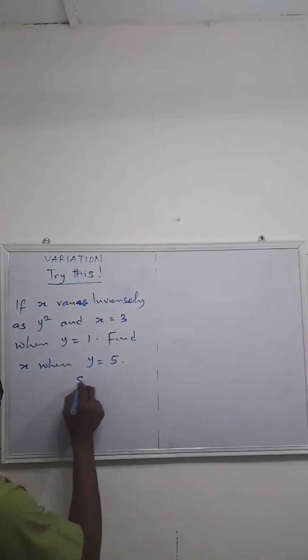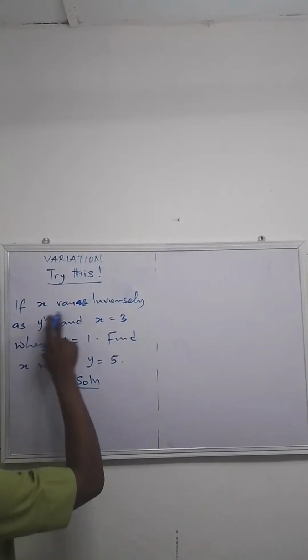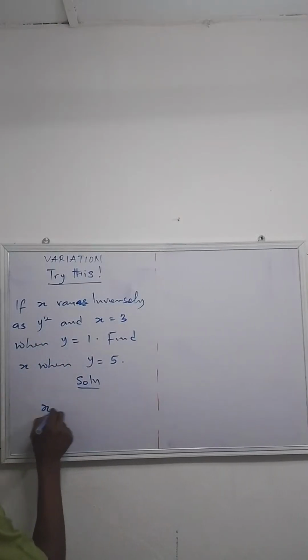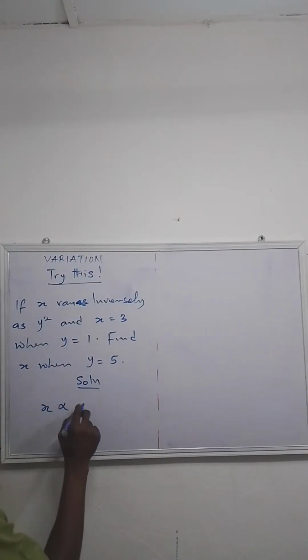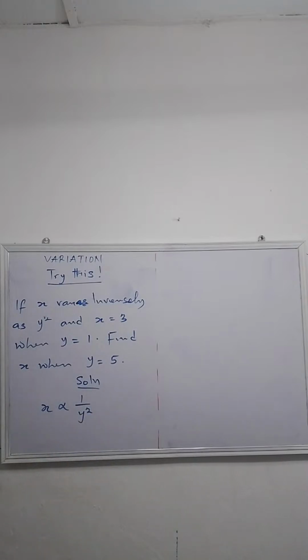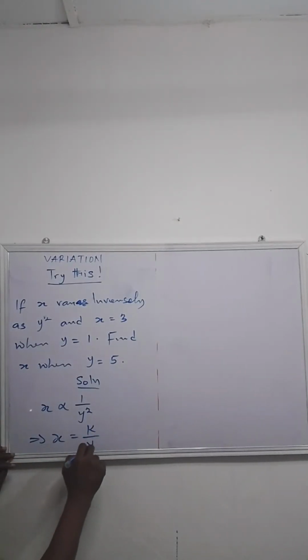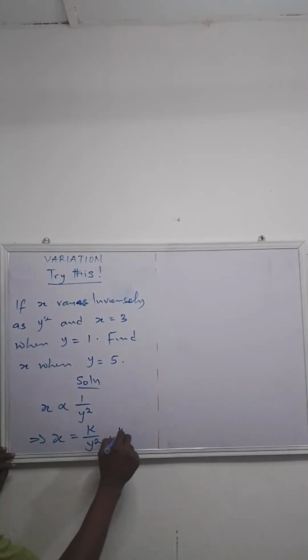Let's look at this. We have x varies inversely as y squared, that is 1 over y squared. That implies x equals k over y squared, where k is a constant.